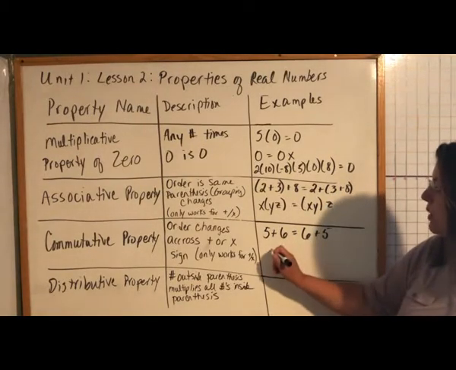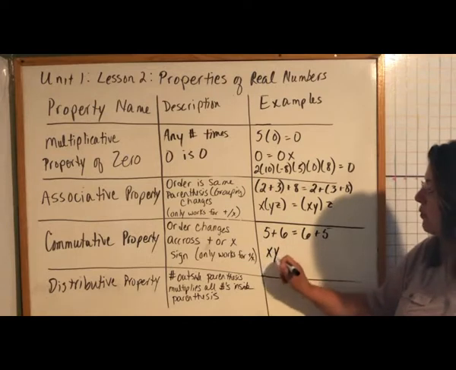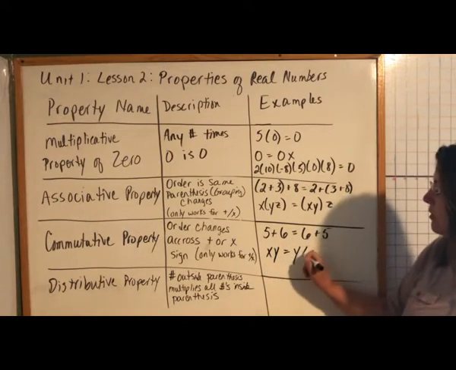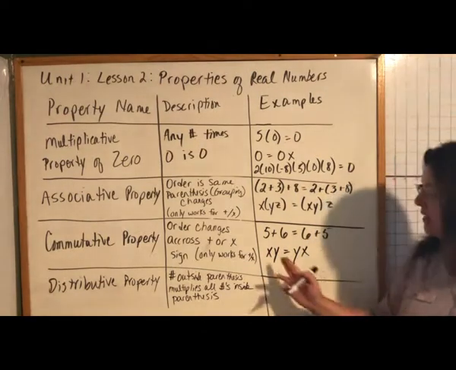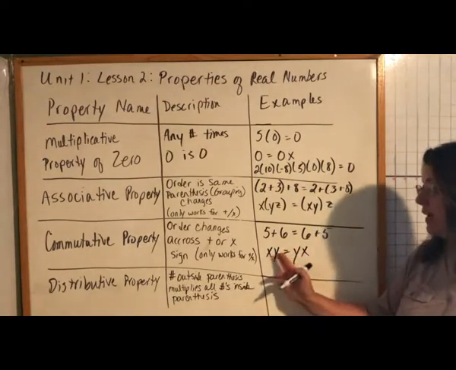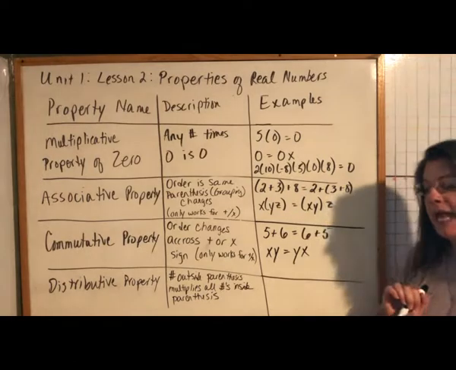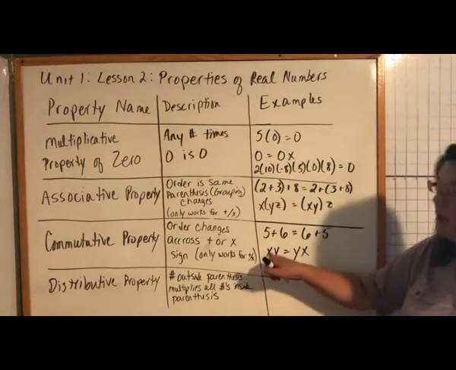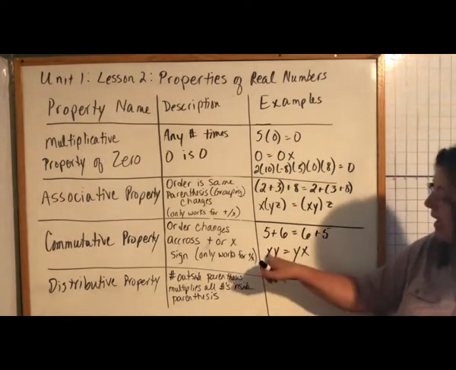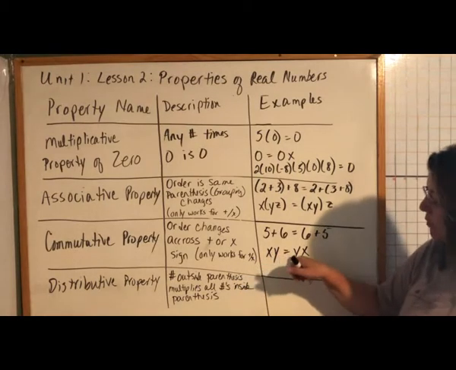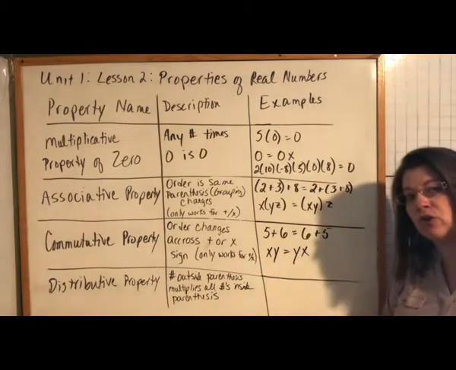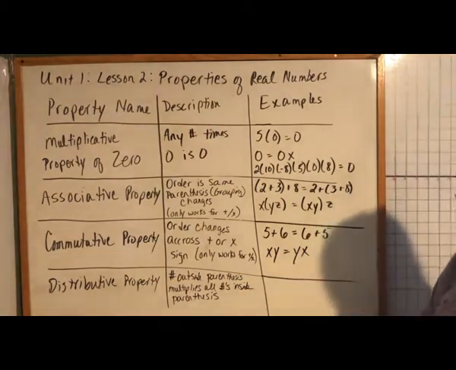I could do this with multiplication. xy equals yx. Okay, those numbers, or variables in this case, have switched across a multiplication symbol. They're switching across the symbol that's in between them. So x times y equals y times x. They've switched across that multiplication symbol.